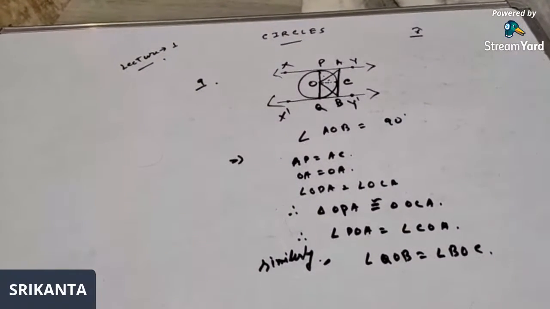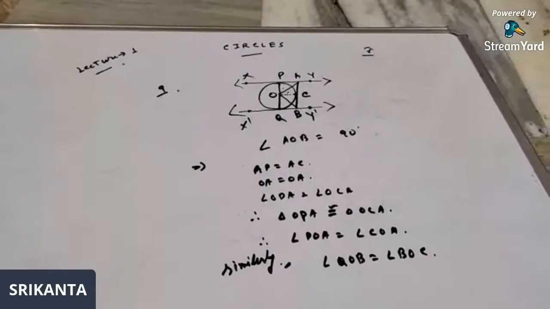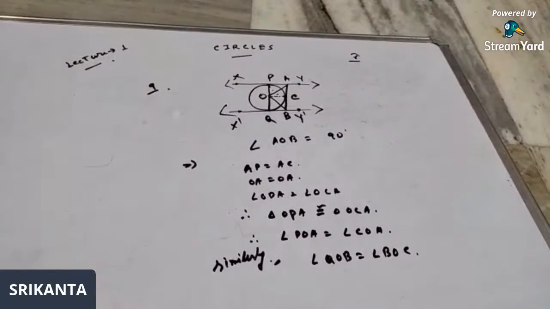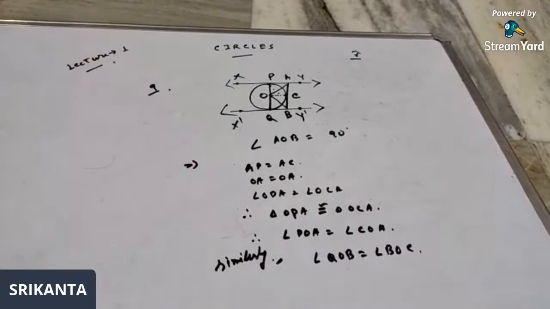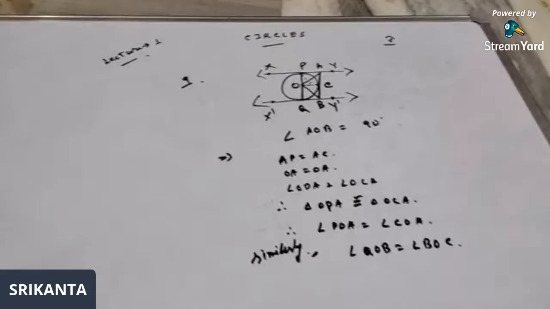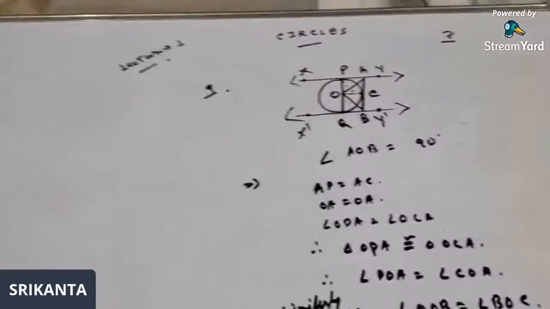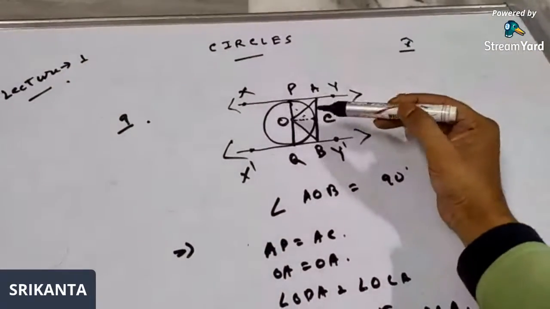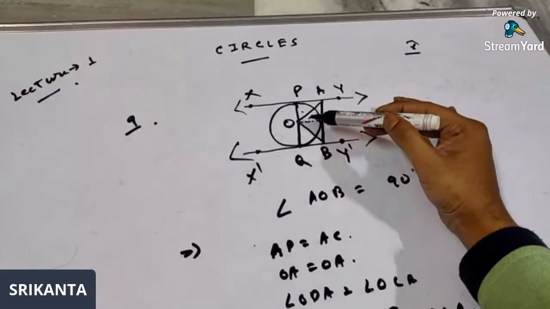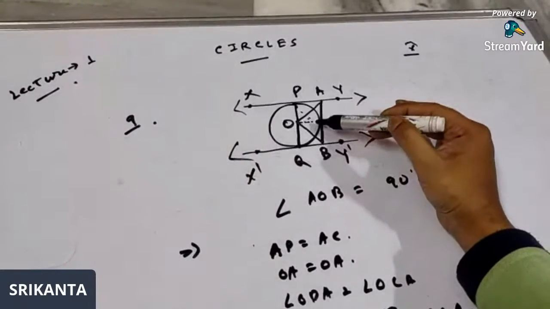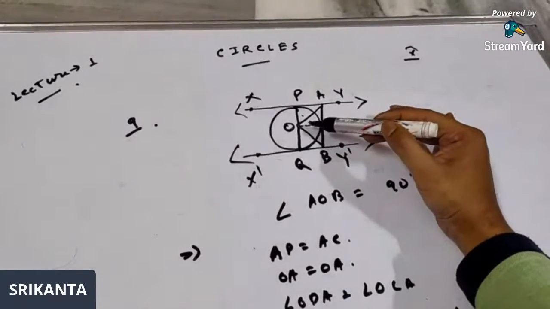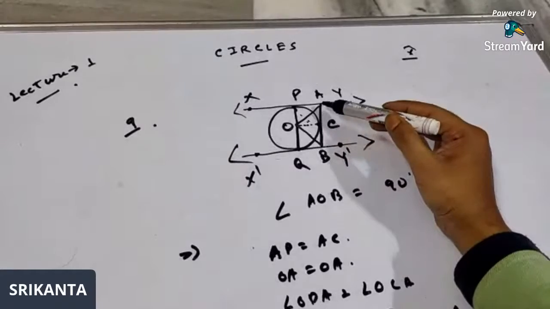So that AOB is 90 degree. What am I missing here? This is common. This is a 90 degree right angle, hypotenuse.